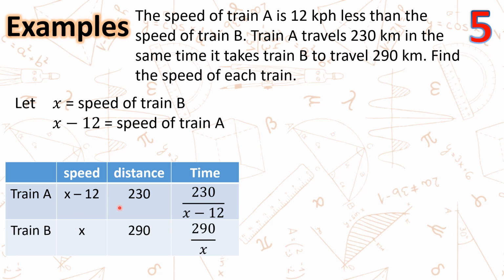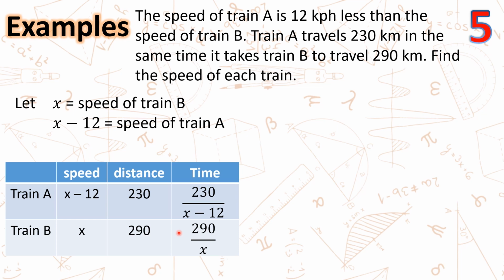Distance traveled, according to the problem, 230 kilometers for train A, 290 kilometers for train B. So if we solve for the time, that is distance over speed, that will be 230 over x minus 12 for train A and 290 over x for train B.